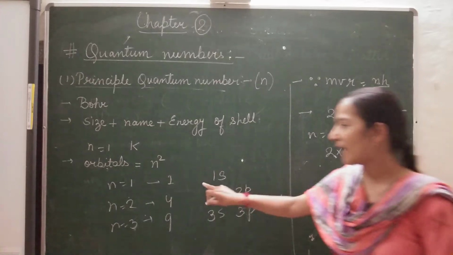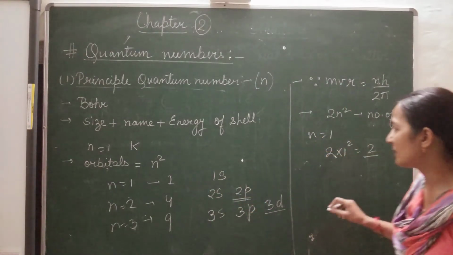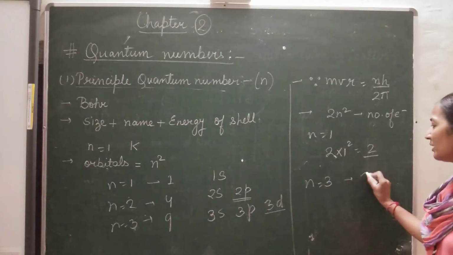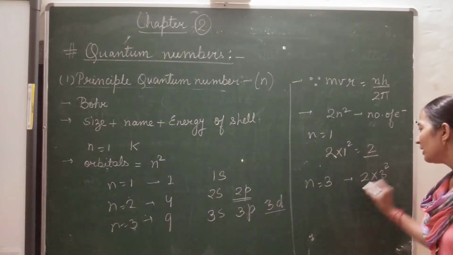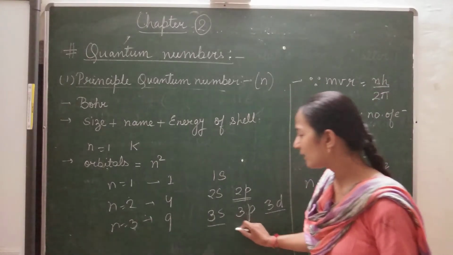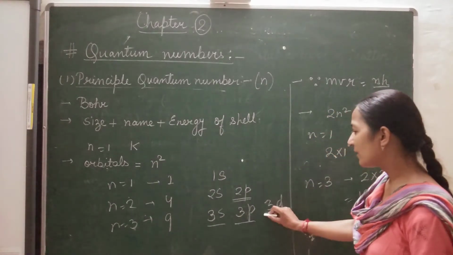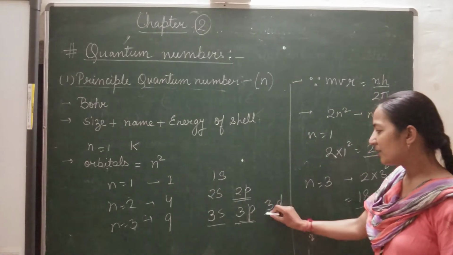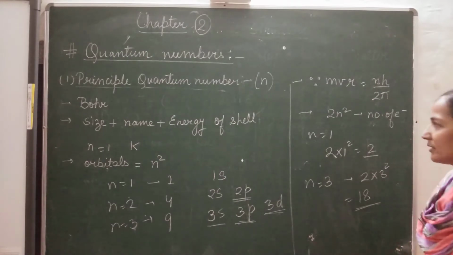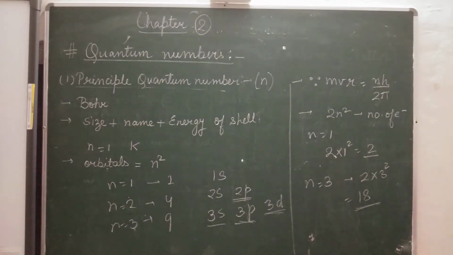So in 1s, 2 electrons will be present. For n equals 3, the number of electrons will be 2 into 3 square, which is 18. We know that 2 electrons are in s, then 6 in p and then 10 in d. So overall 18 electrons will be present like this. So this is the principal quantum number.